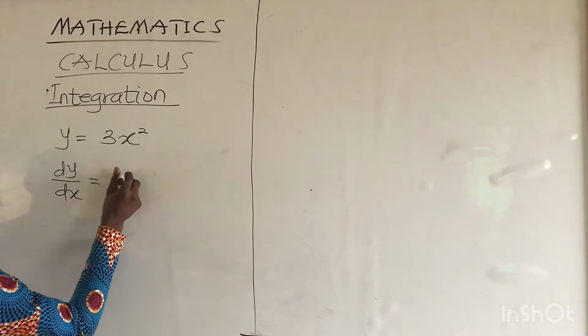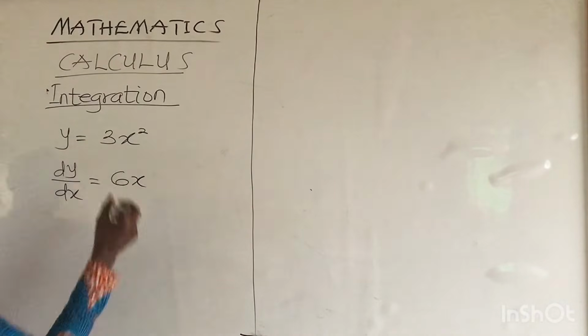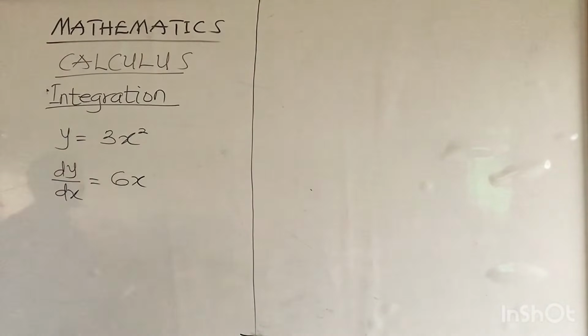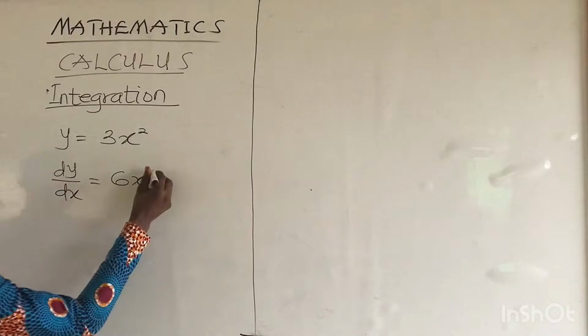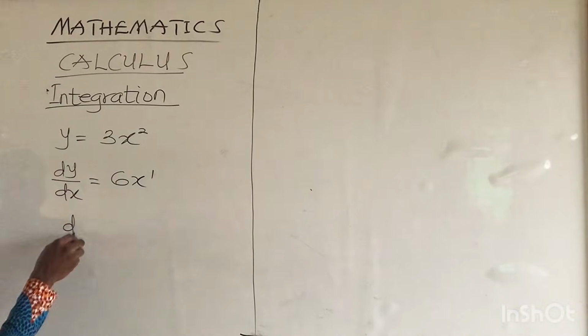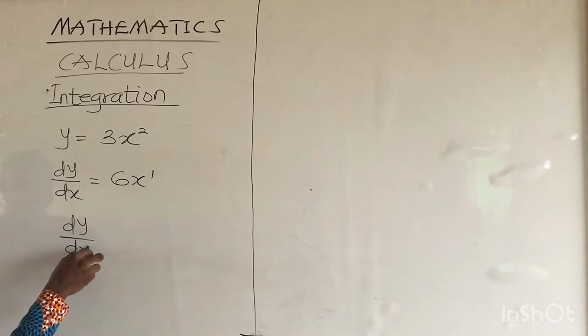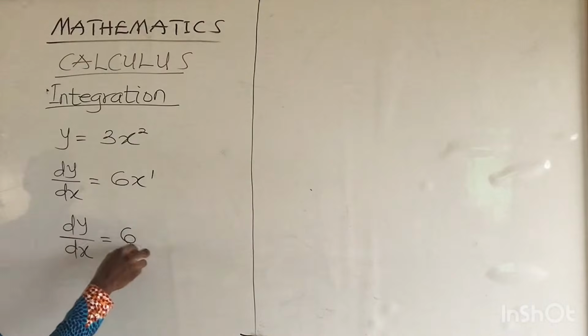We have 6. You repeat your x, then you take 1 from it, the difference 1 from the word differentiation. So exponent 1. In that case, dy over dx is equal to 6x.